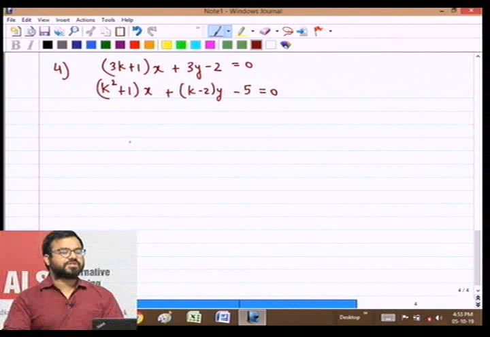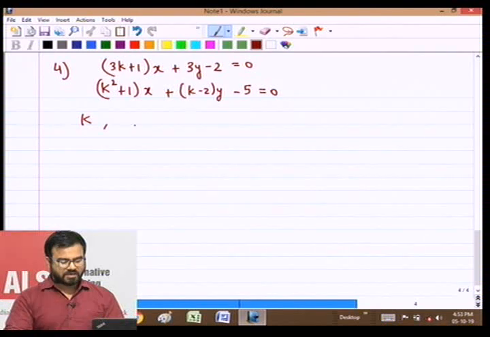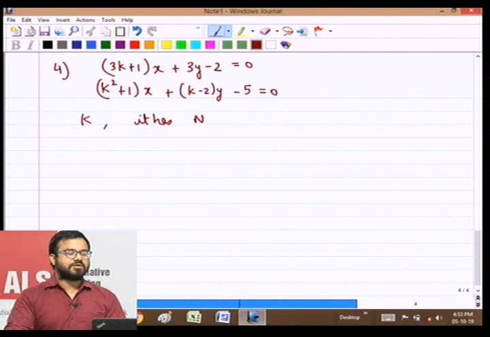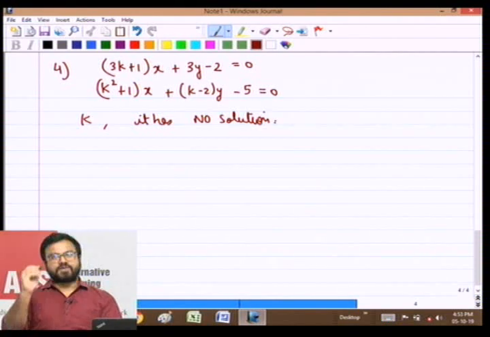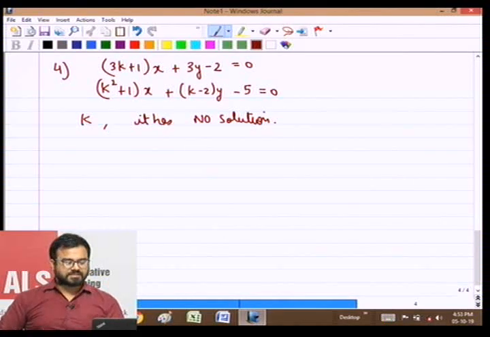These are the two equations. We have to find the value of k such that the system has no solution. Find the value of k which will satisfy the system for no solution.